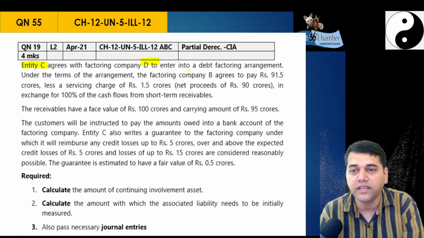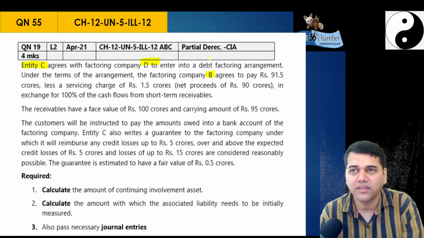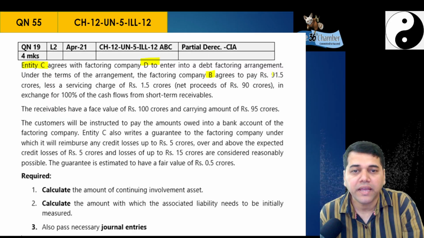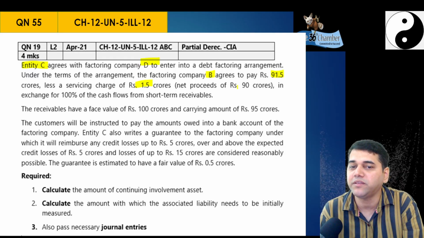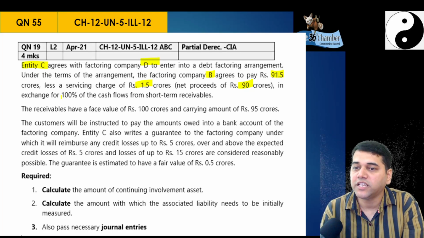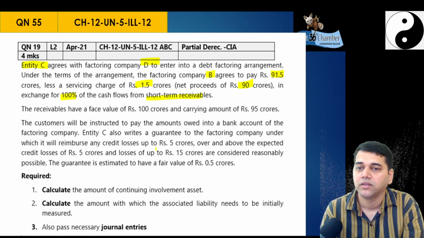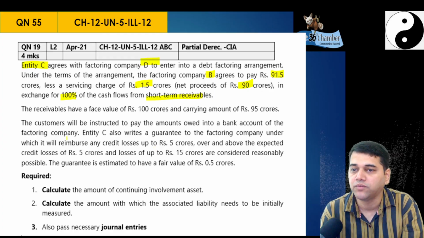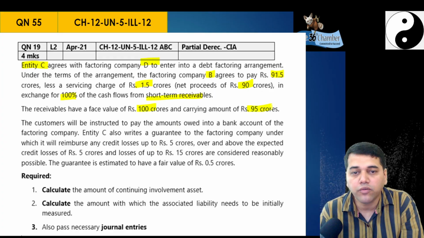Now that D has been changed to B here. It's the B only. Pay 91.5 crores less servicing charges of 1.5. That means net 90 crores they will pay to C in exchange of 100% of the cash flow from the receivables. Now, how much is the 100% cash flow?